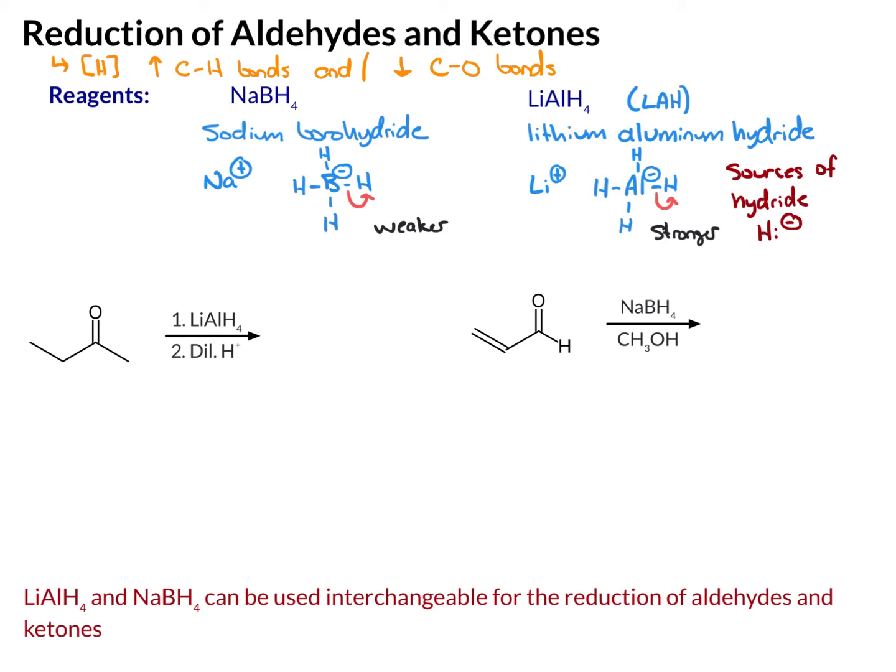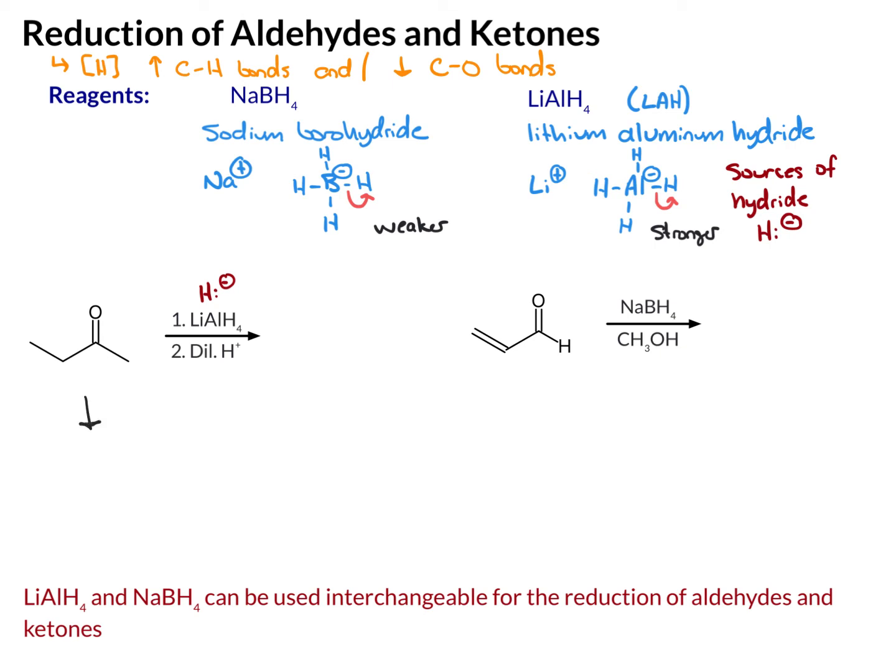In this first one, we have a ketone. And the reagent that's being added is lithium aluminum hydride. When you see that, just go ahead and simplify it as H-. So let's go through the mechanism to get to the product.